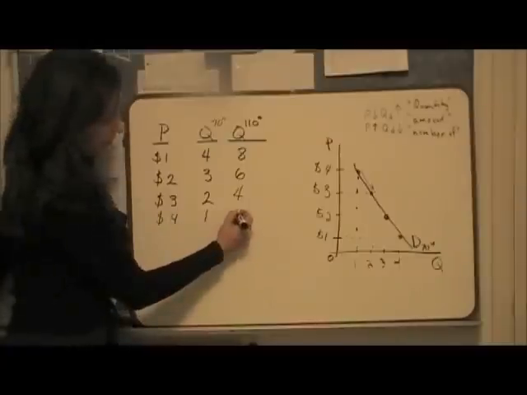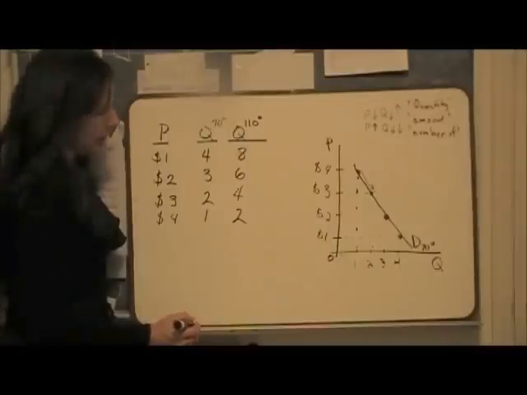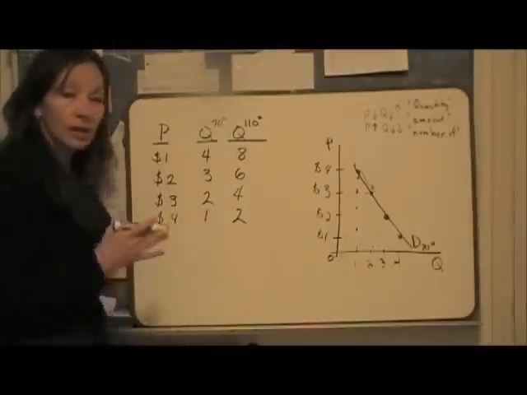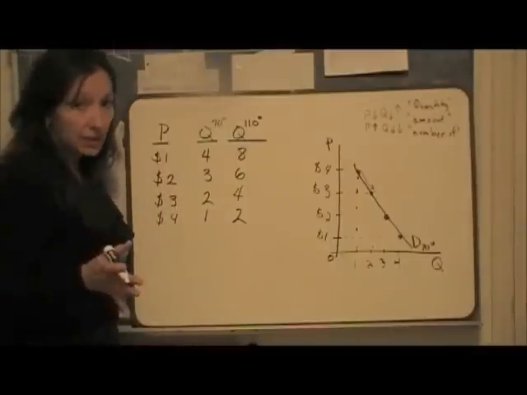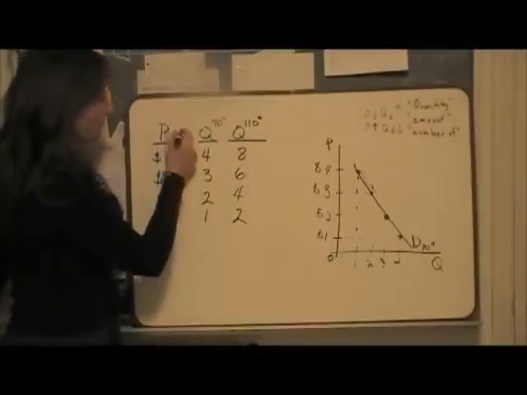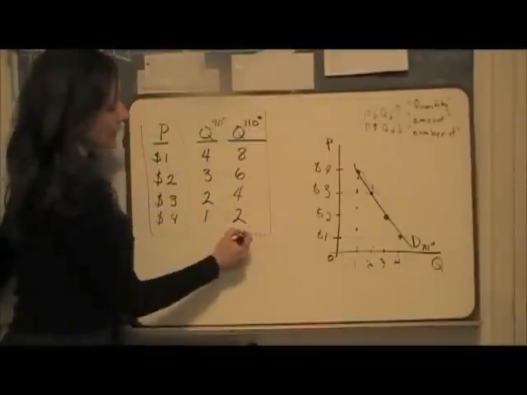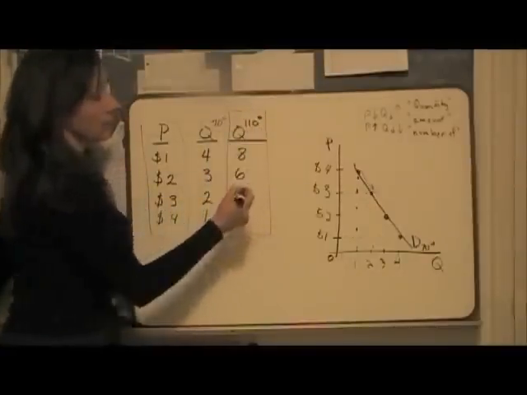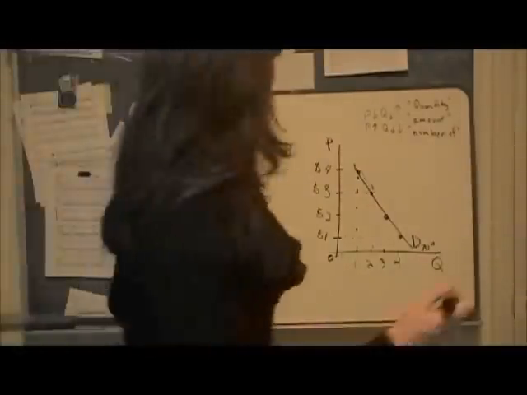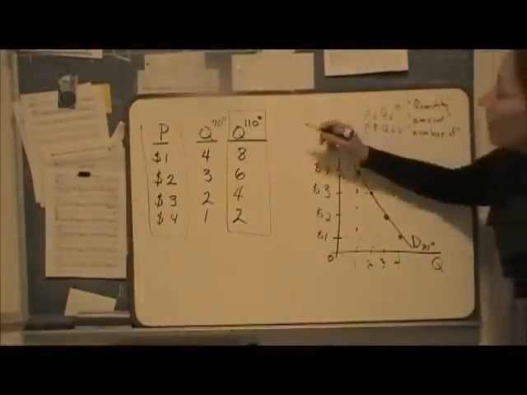And if the price goes up to $4, maybe only 2 ice cream cones. Okay. Now we have to draw a completely different demand curve. Okay, so we're going to graph price and quantity at 110 degrees. So the only way we're going to represent that is if we do it on a different diagram.